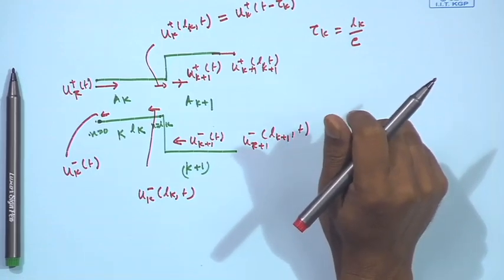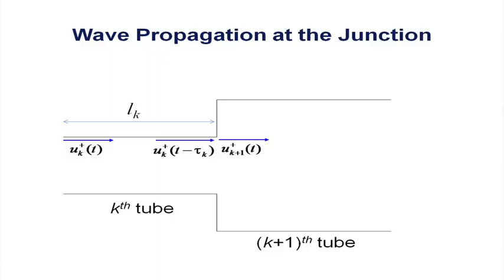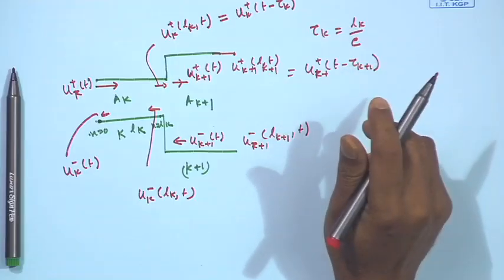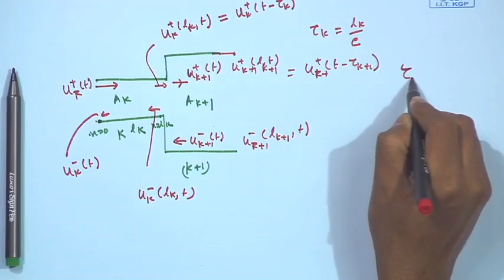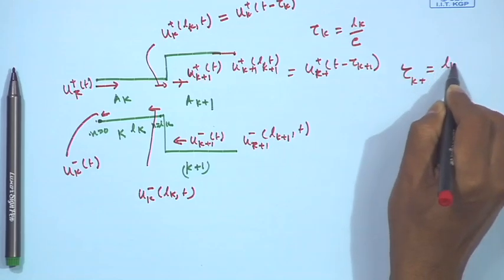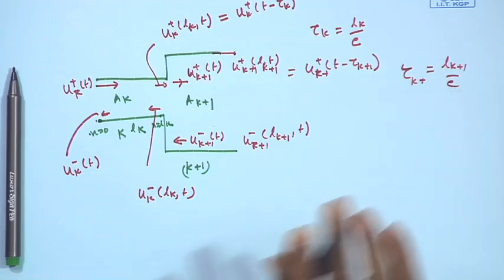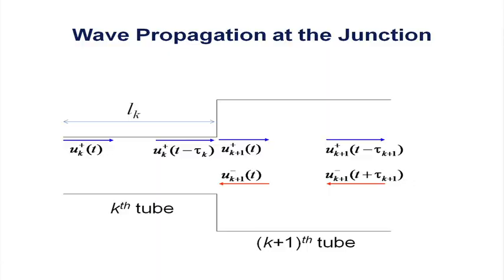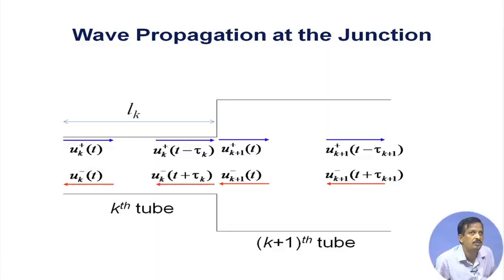Here again it will be u_{k+1}^+(t - tau_{k+1}), where tau_{k+1} is nothing but L_{k+1} divided by c. Backward wave the same, I can say the backward wave like this way.